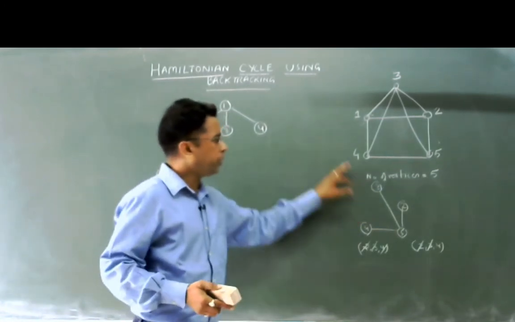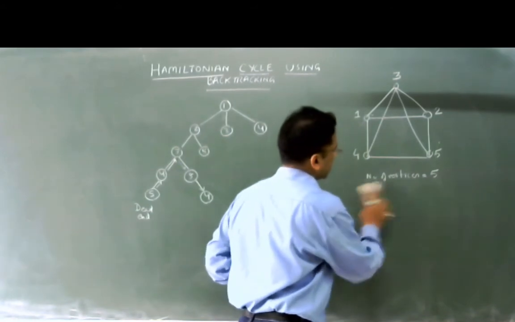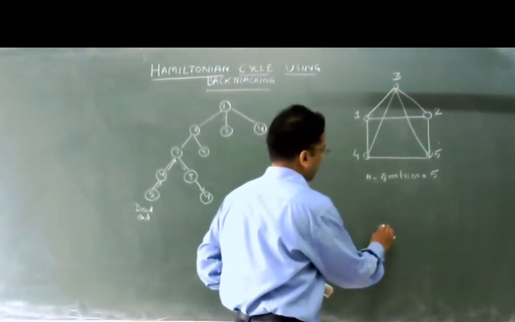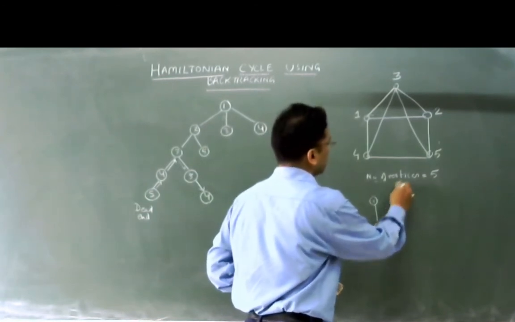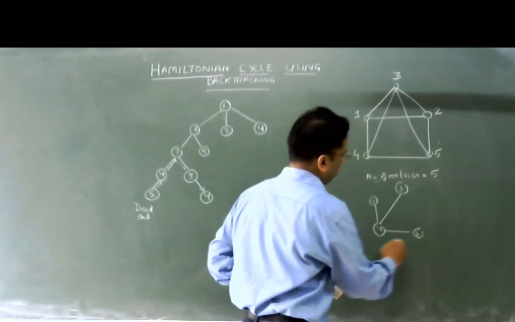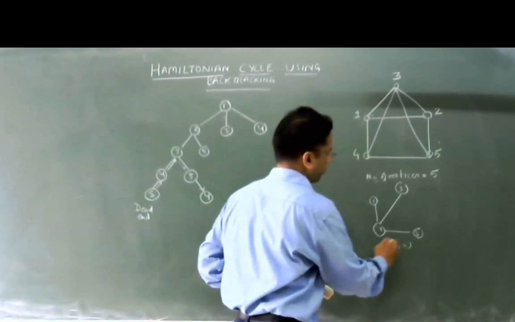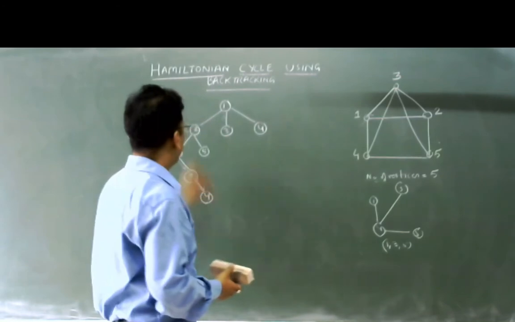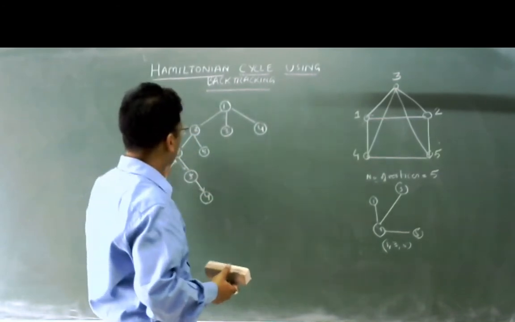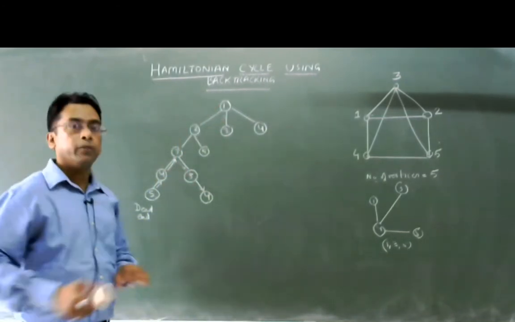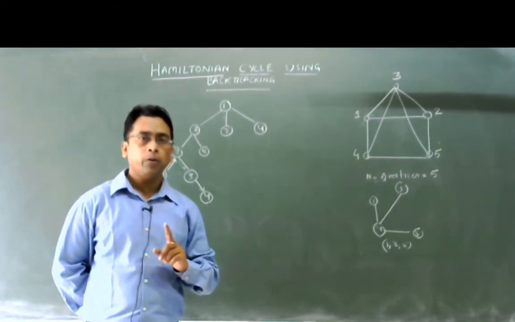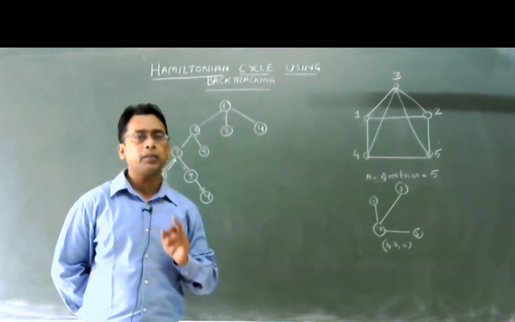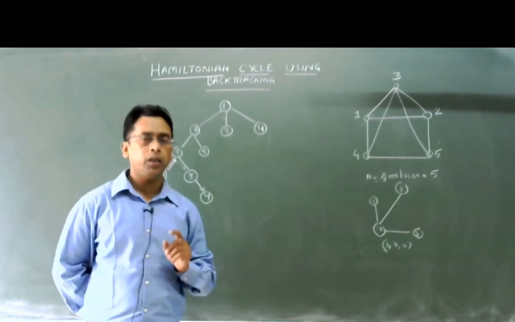Now at point number 4, we check the adjacency list, which contains 1, 3 and 5, or the order is 1, 3 and 5. In this, we have traveled 1 and we have traveled 3. But for creating the circuit, we move back to position number 1, and only the node from where we started is allowed to be repeated.